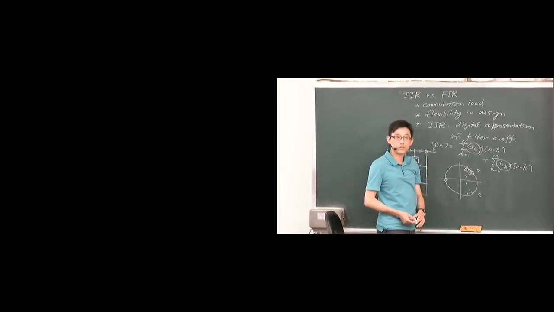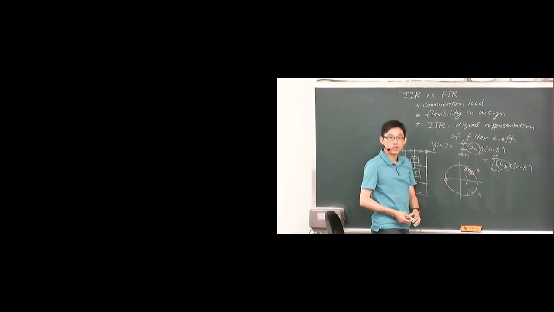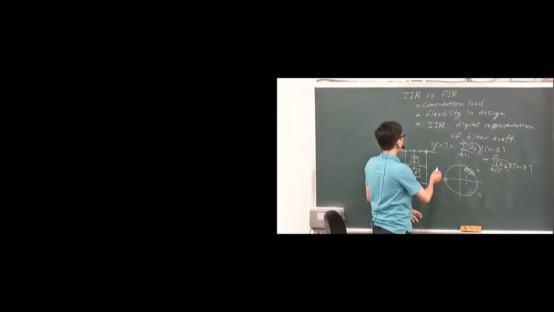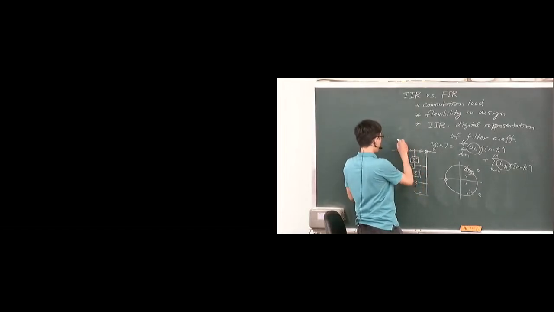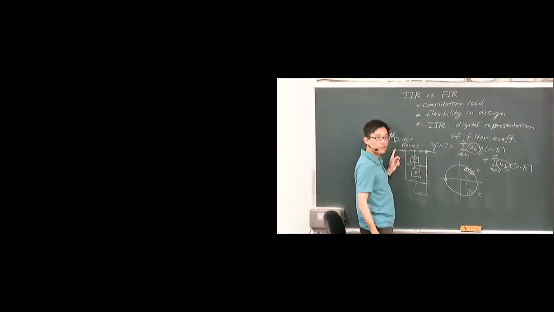We will probably talk about that near the end of the semester. We will introduce FFT and its flowchart. So the 2 big topics are, first, what you will learn as direct forms, the direct form of IIR and FIR implementation, which is one topic for this week and possibly next week.